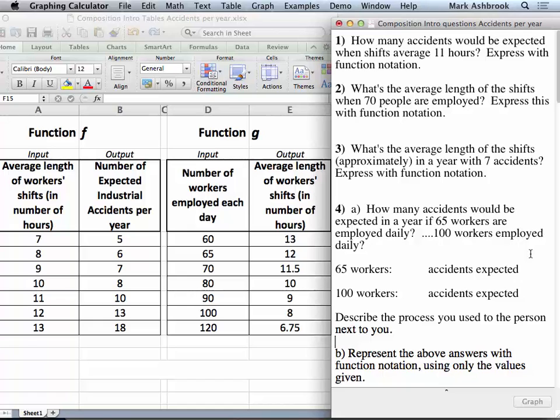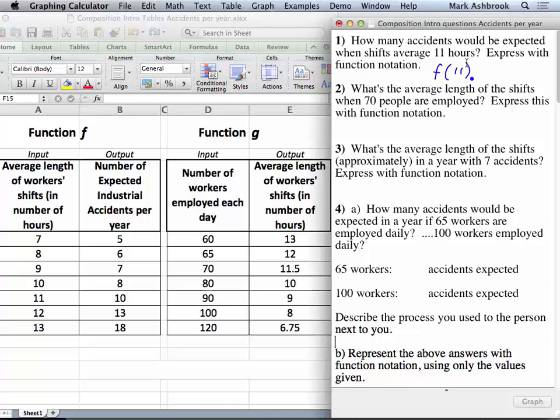Okay, let's see how you did. So, Jared Smith, how many accidents would be expected when the shift averaged 11 hours? I use A for the average. A equals f of 11. Is that what you're saying? To represent it?